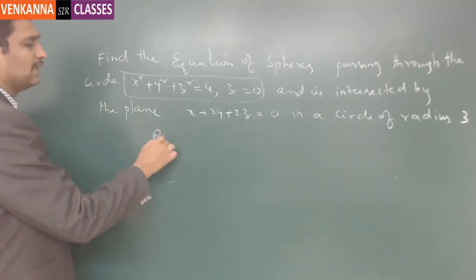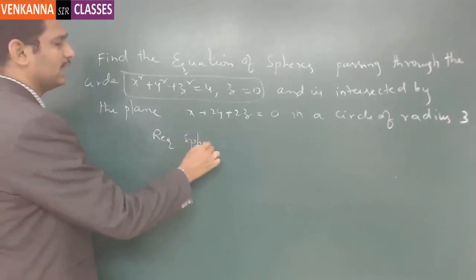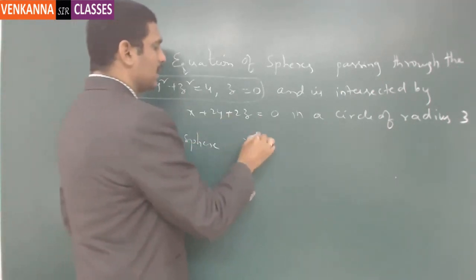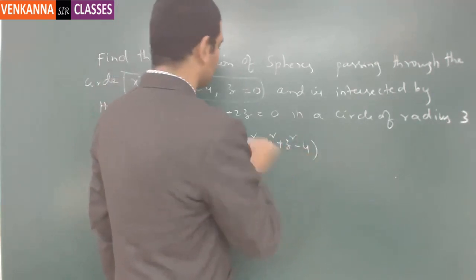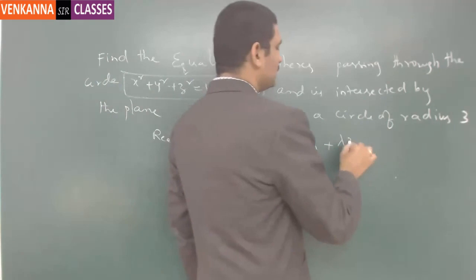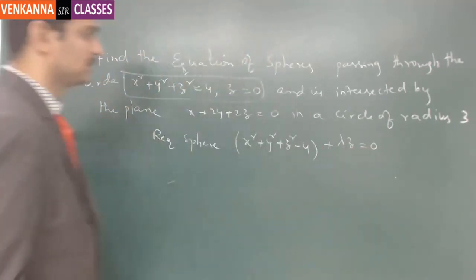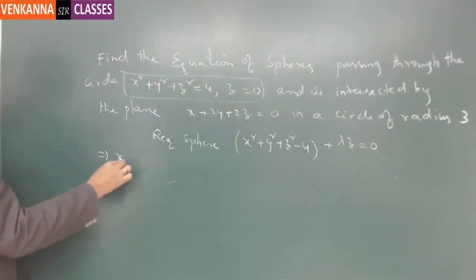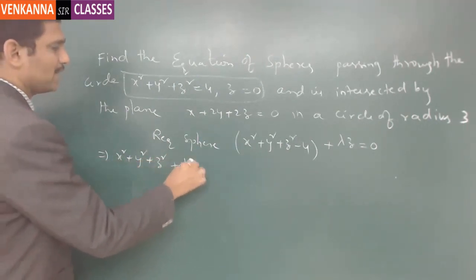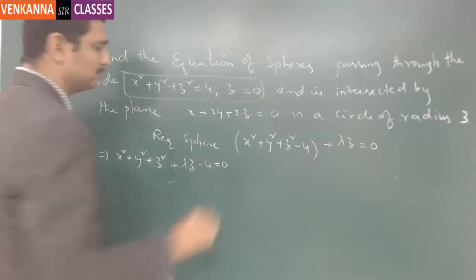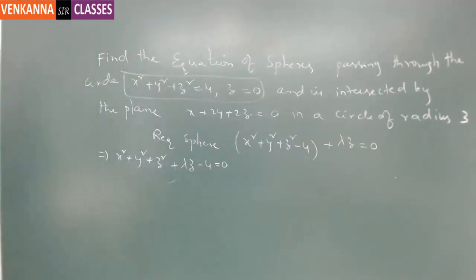So the required sphere is x square plus y square plus z square minus 4 plus lambda into z equal to 0, which is nothing but x square plus y square plus z square plus lambda z minus 4 equal to 0. So if you determine the suitable lambda value as per the problem condition, then you are done.